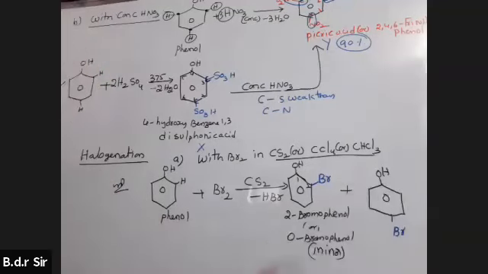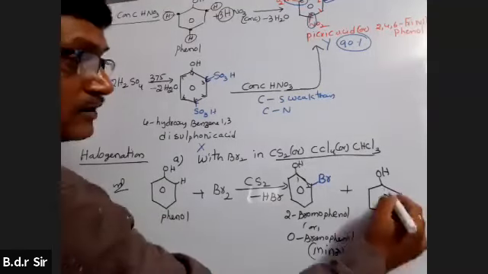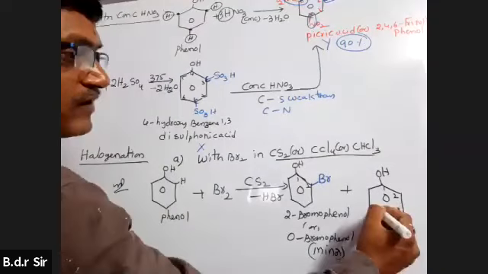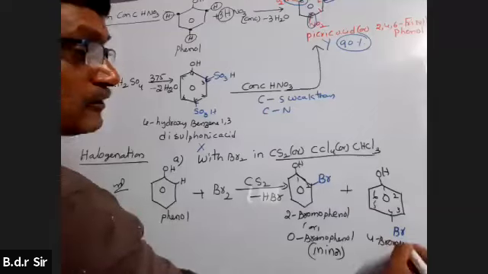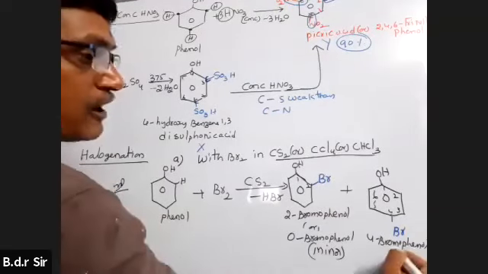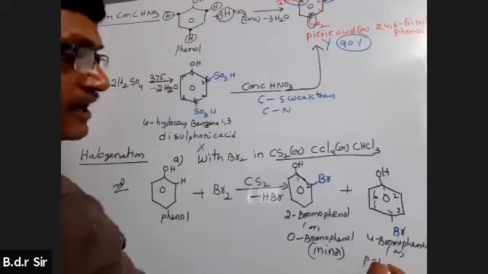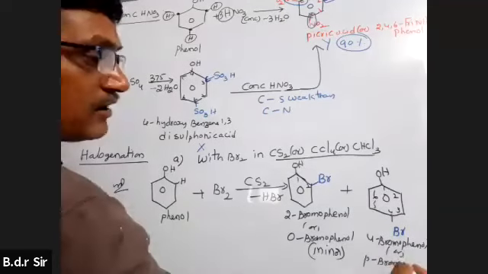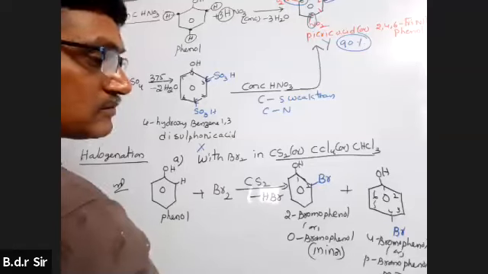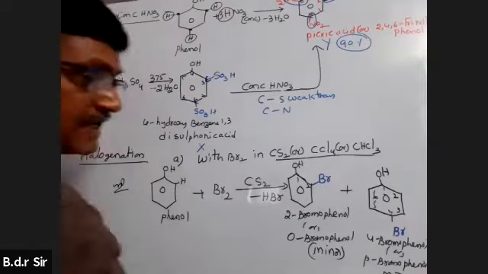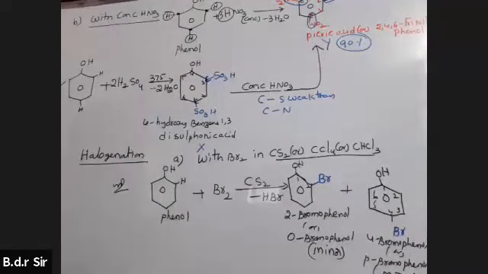What is the name of this compound? 1, 2, 3, 4, 5, 6. 4-bromophenol or parabromophenol. It is the major compound.